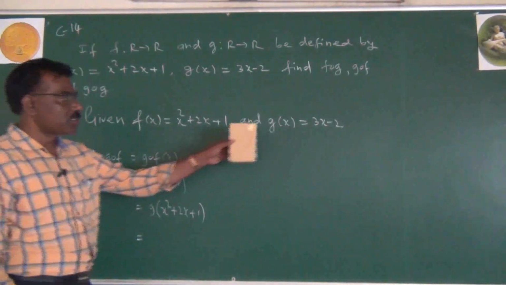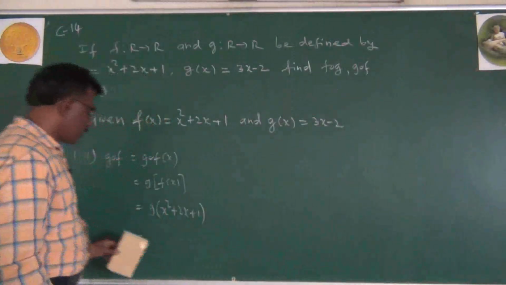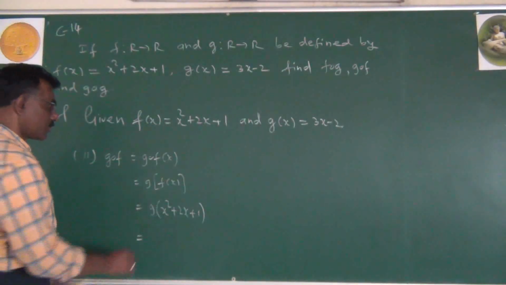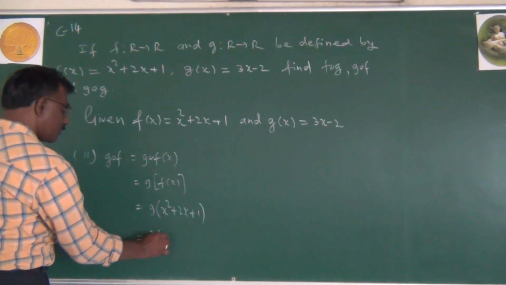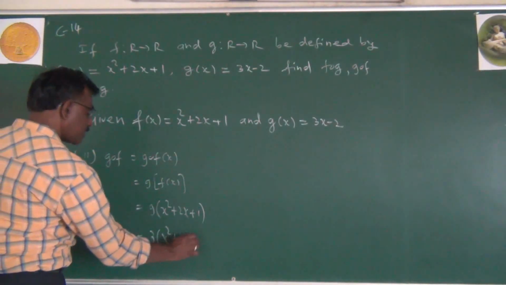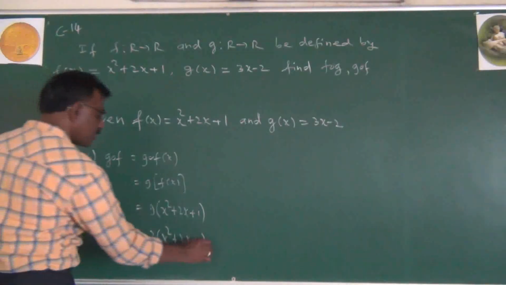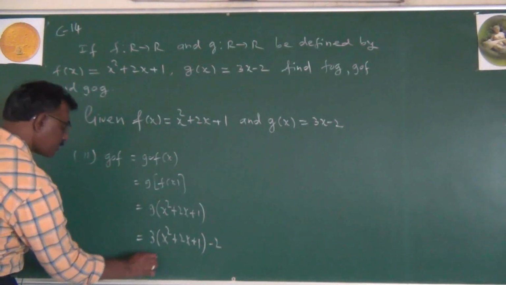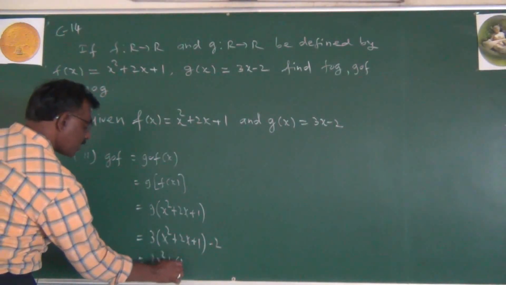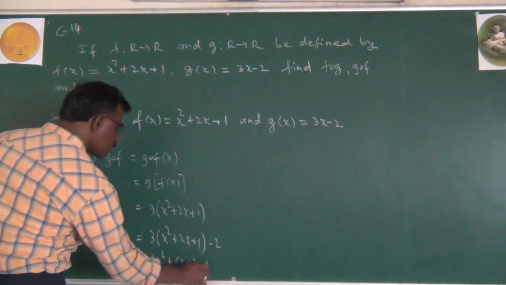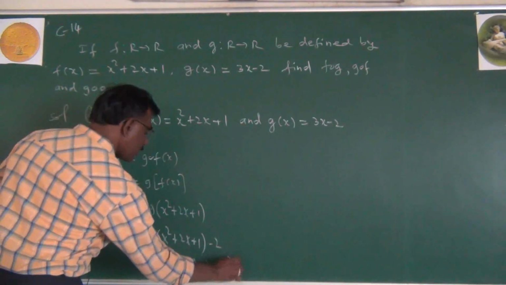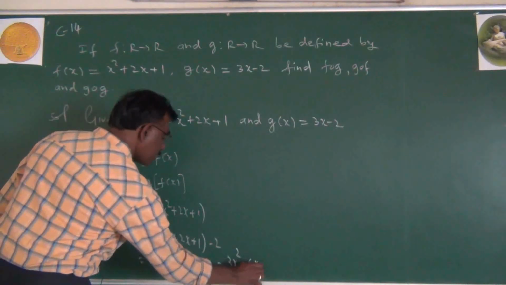So what is g of x? 3x minus 2. Wherever x is there, x square plus 2x plus 1. 3 into (x square plus 2x plus 1) minus 2, that is 3x square plus 6x plus 3 minus 2, 3x square plus 6x plus 2.